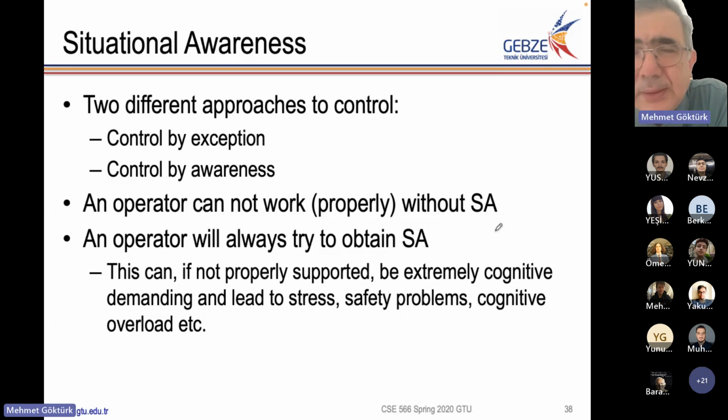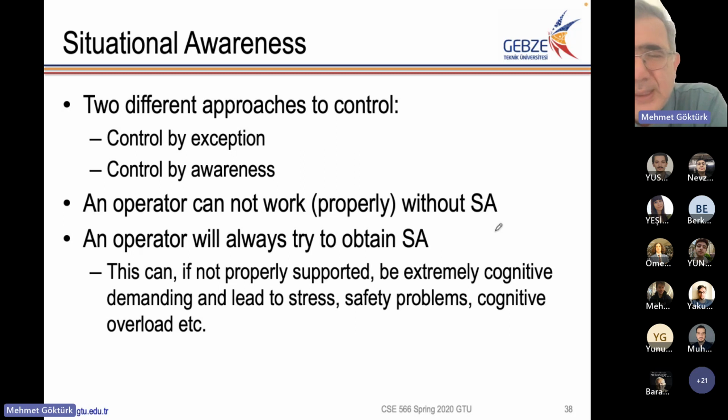In the exception case, the operator cannot work without situational awareness. It has to be there, and the operator will always try to obtain situational awareness. If not properly supported, you need to simulate and predict too much. You will say, maybe the system is doing this way, maybe the system is doing that way.